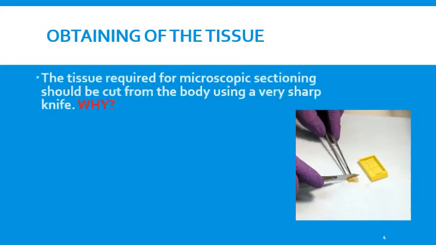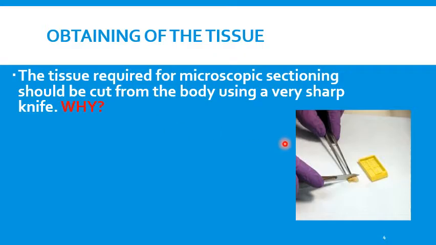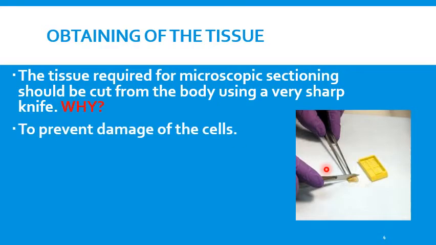The first step, obtaining of the tissue. The tissue required for the microscopical sectioning should be cut from the body using a very sharp knife. Why? To prevent damage of the cell.